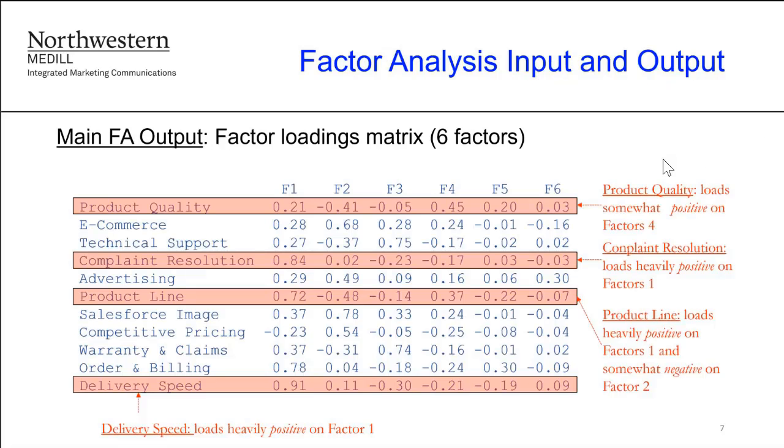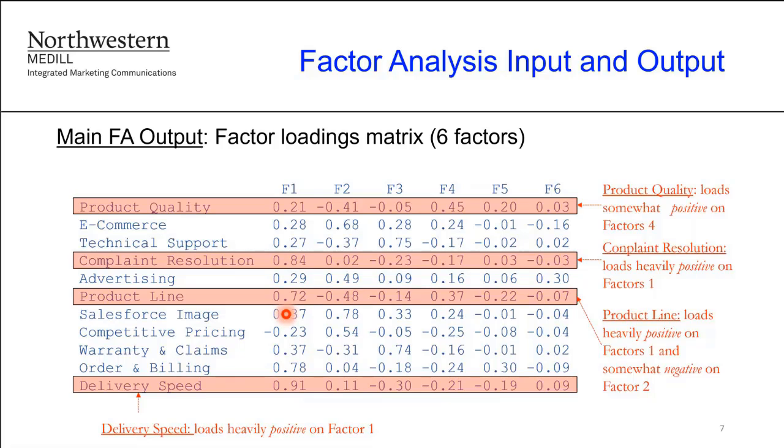Going back to this factor loading matrix, for example, the factor loading value under F1 for complaint resolution has an absolute value over 0.7, so this is excellent. How about the product line? This is also over 0.7, so this is excellent as well.